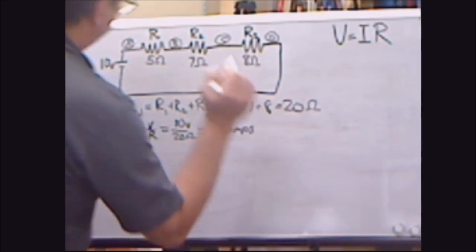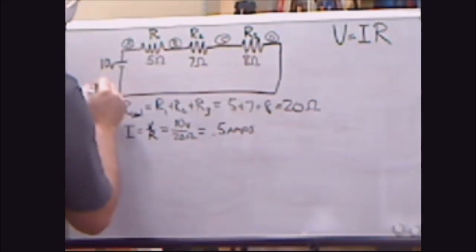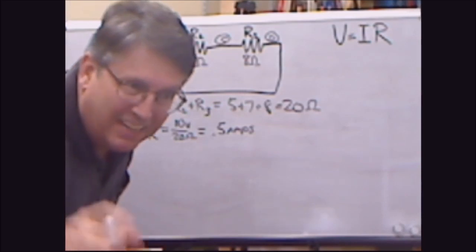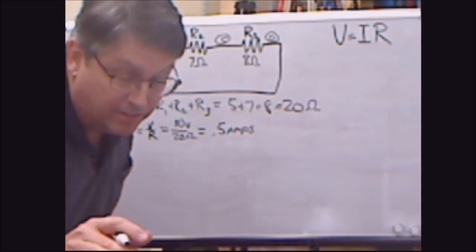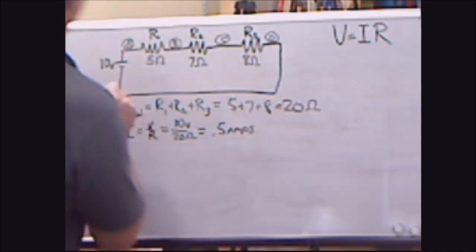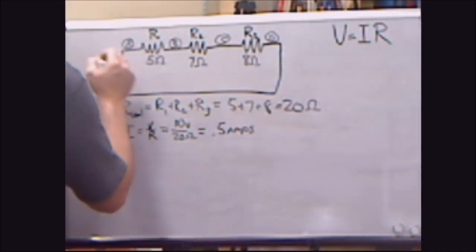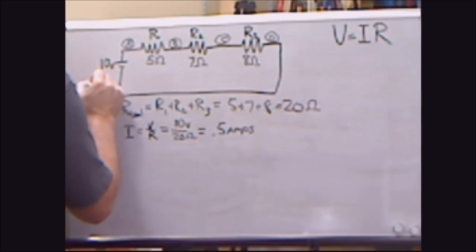Okay? So that's what we got in this instance. When we get to parallel circuits, we're going to start finding different amperage flowing through different areas of the circuit. But that's not yet. So I'm just going to put 0.5 amps there.